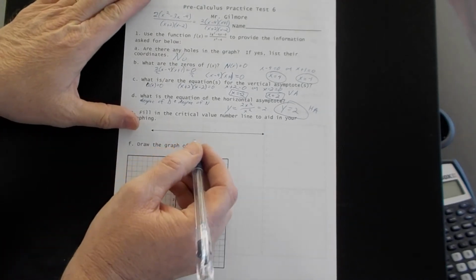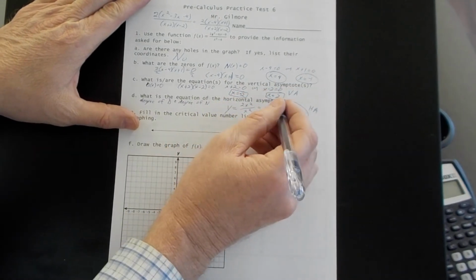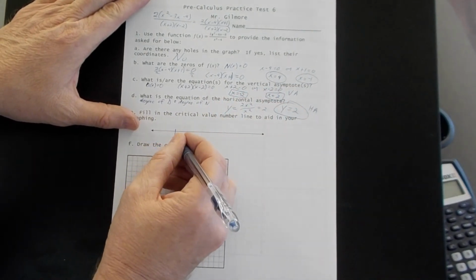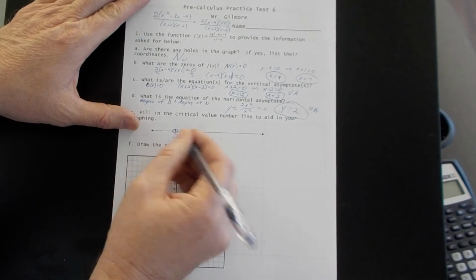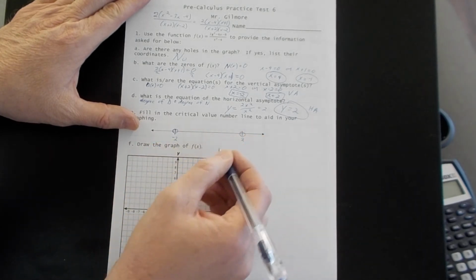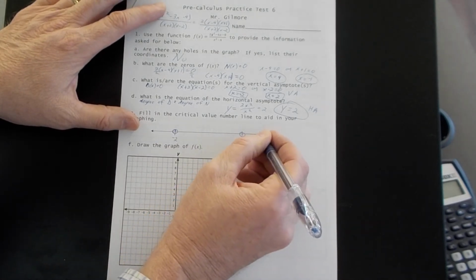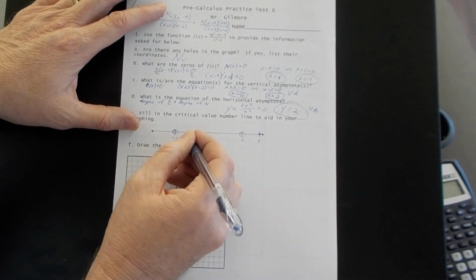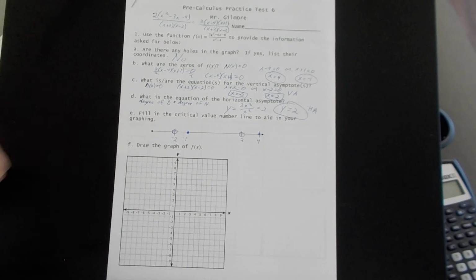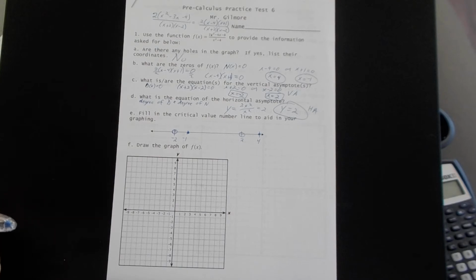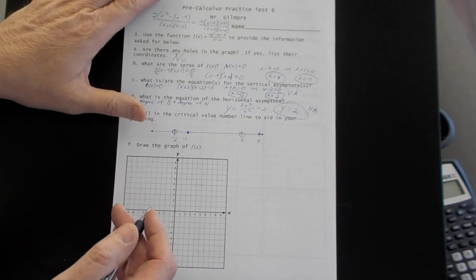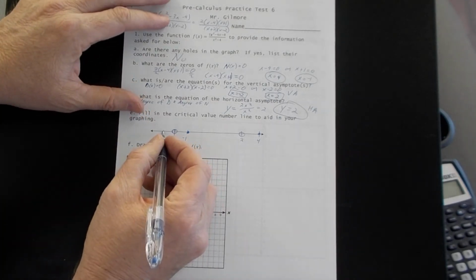Now, the critical value number line. I'm going to put these 4 values on there. The negative 2 is a vertical asymptote, and positive 2 is a vertical asymptote, and 4 is a zero, and negative 1 is a zero. Then I'm going to do test points. This is especially important if you don't have a graphing calculator, but I still want you to know how to do it even if you are going to use one.